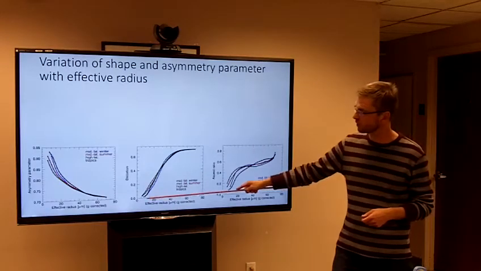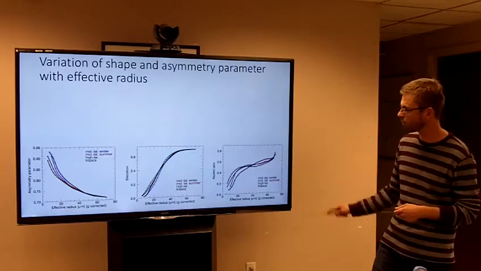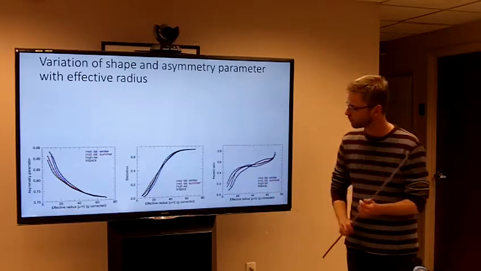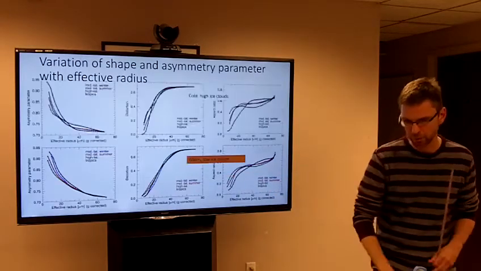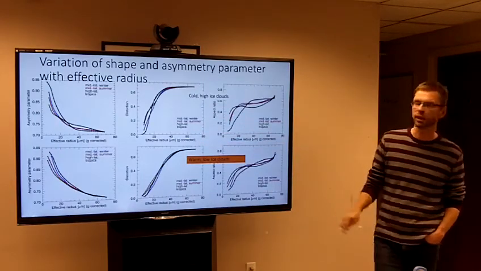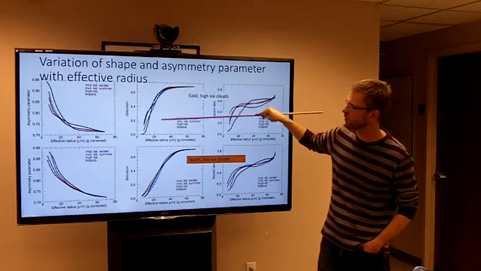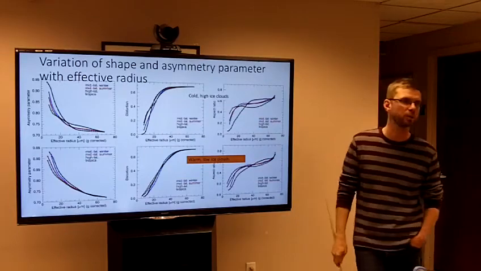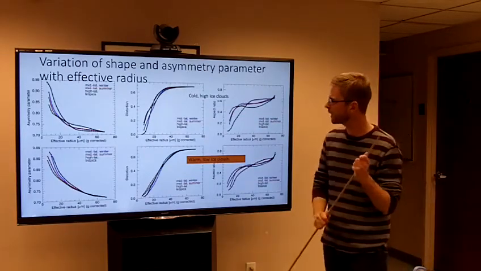That's mostly because the distortion increases with effective radius, and also the aspect ratio changes a bit. This is for warm clouds, and for cold clouds, colder than the homogeneous freezing level, we see the same picture. However, this transition from undistorted crystals to very distorted crystals happens at a smaller size.